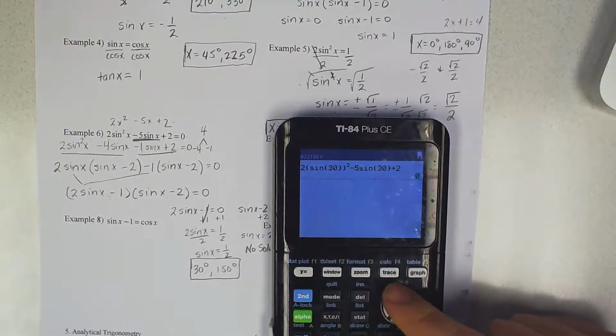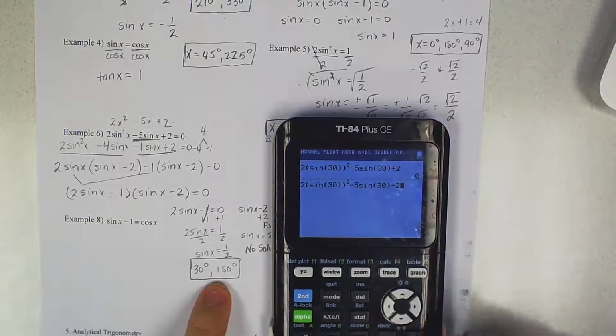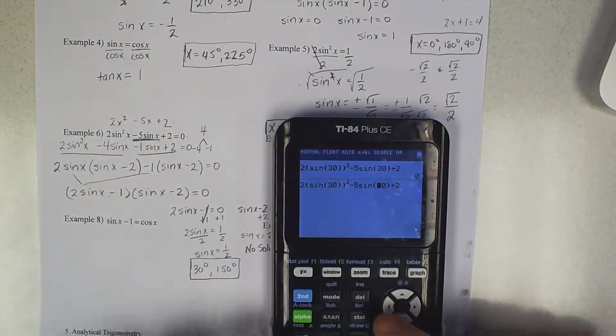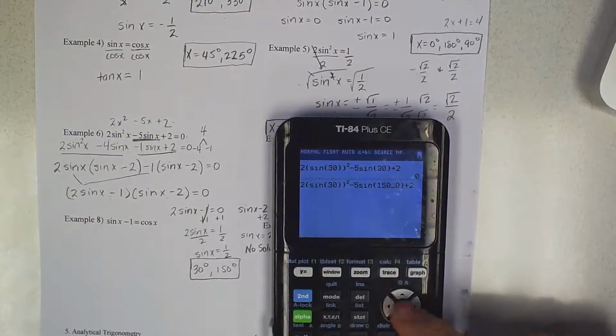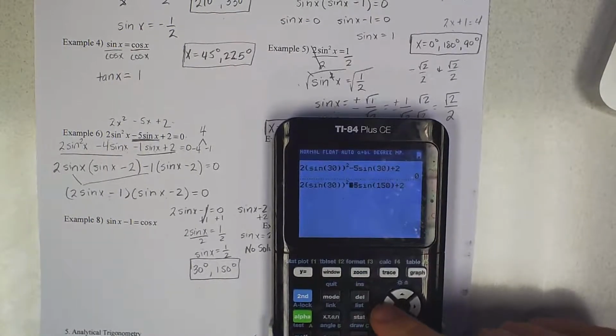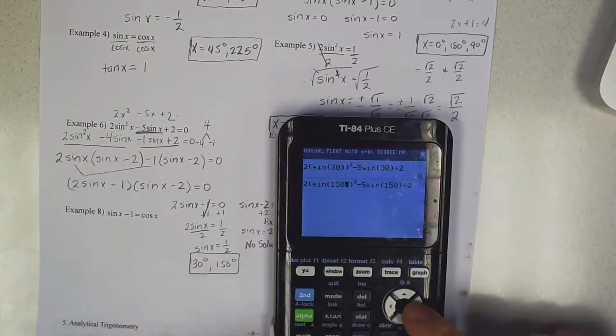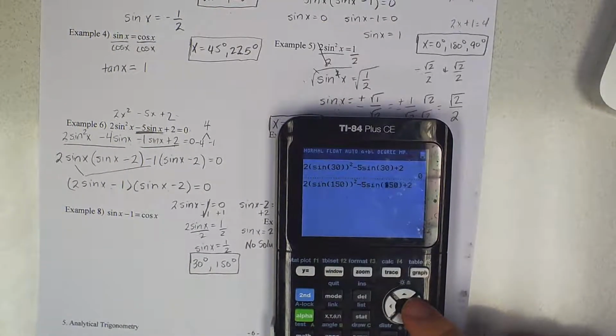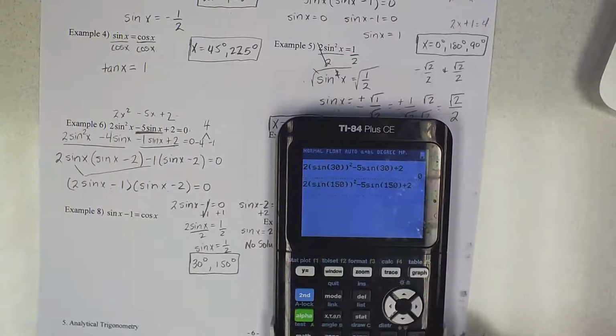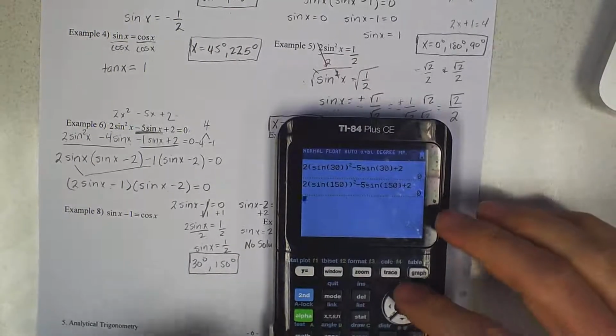I could do the same one, and what other angle should work in there? 150. So if I change here and insert 150, and then I come over here and change this to 150, that also should give me 0. And then you're saying, well, why won't anything else work?